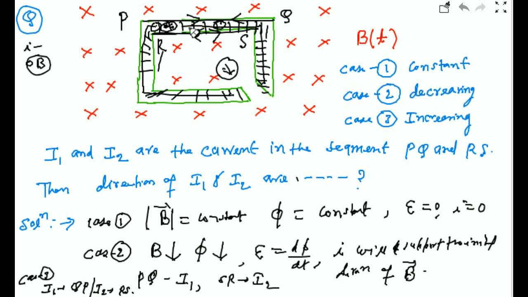You know the initial direction of the magnetic field is into the plane, so inside the coil the current I1 and I2 must produce field into the plane. That is the reason you have P to Q and S to R. If you have I here, then on this side the magnetic field will be outward, and on this side the magnetic field will be inside. You have to apply this formula. Okay, thank you.